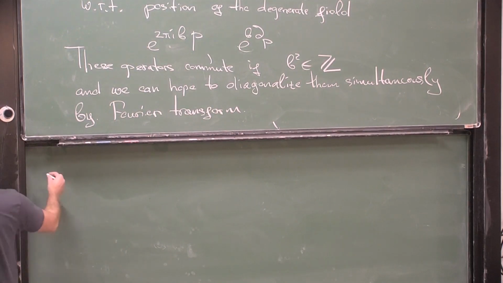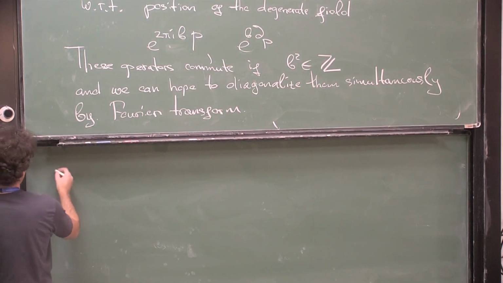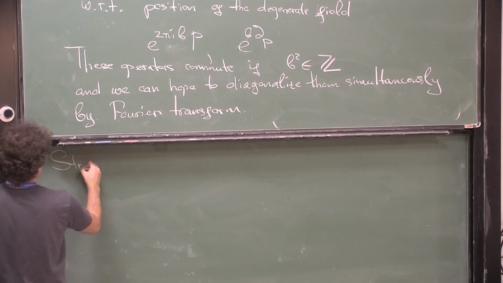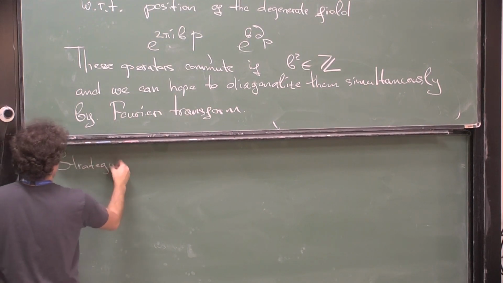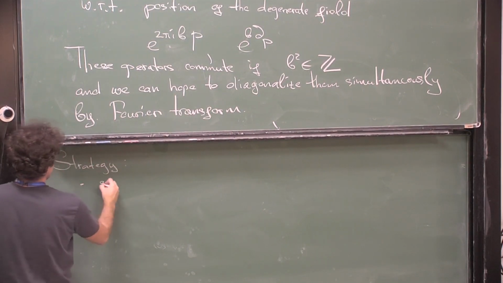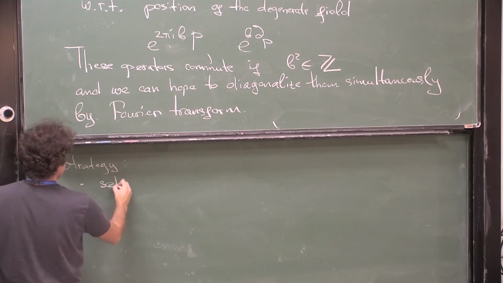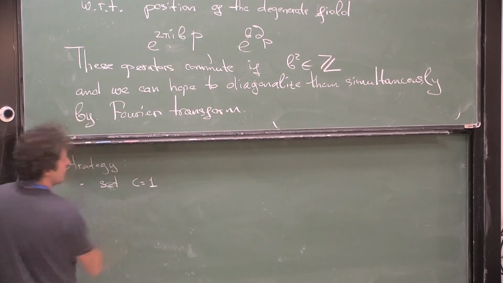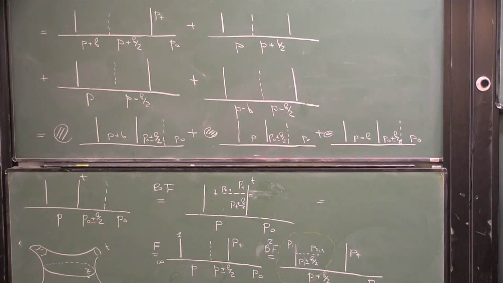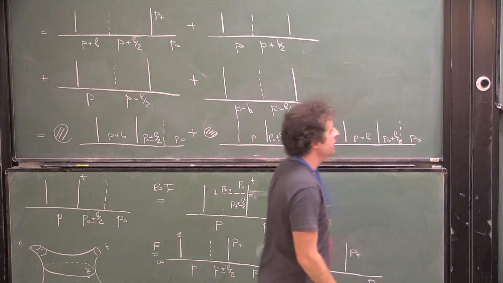Okay, so what we are going to do now? First, let's set the central charge equal to 1. So this means that the parameter Q is equal to 0, b is equal to i, sorry.